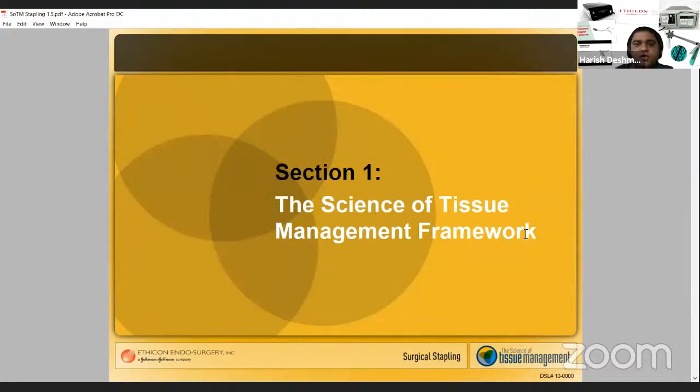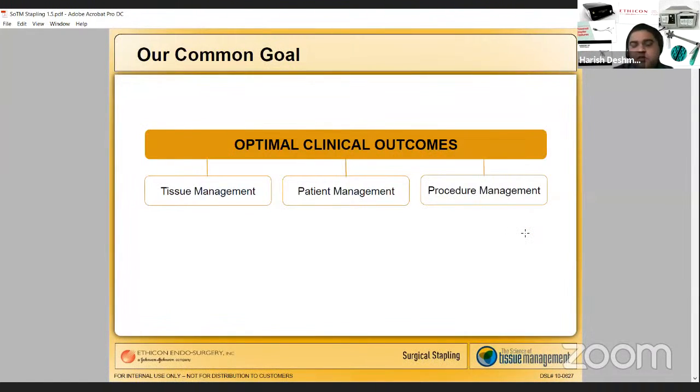So coming to this framework, why we came into this is we also know we require an optimal clinical outcome for the patient, for the betterment of the patient's surgical results. So it doesn't require only the procedural management, it also requires the proper management of tissue along with the patient management.